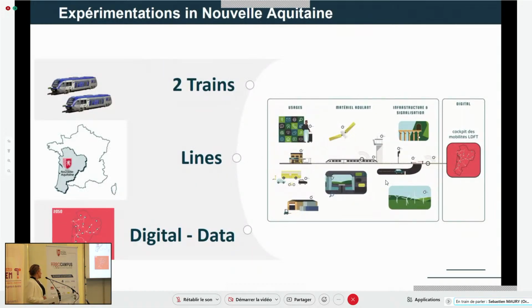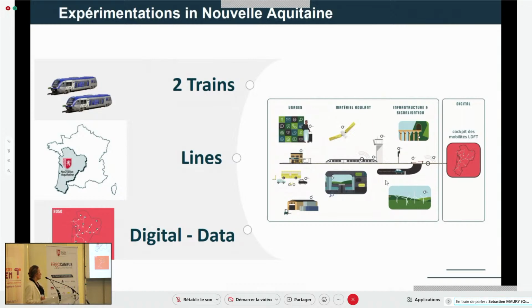So with Ferro Campus, we have decided to help increase the speed of putting innovation on the market. One of the problems we heard from companies was the need for experimentation in real conditions. So starting next year in September, we will have 2 trains for experimentation.